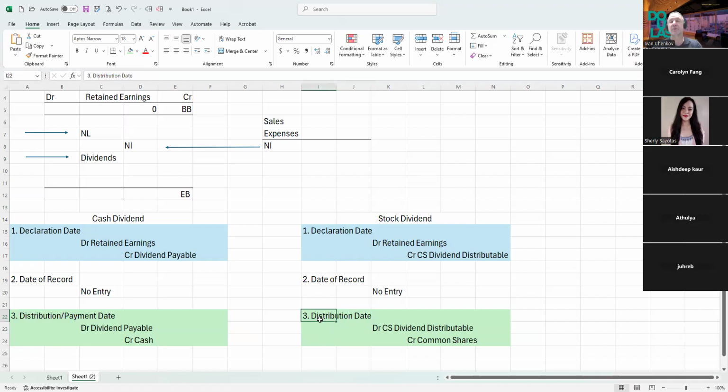Why? Because we're not paying common shares, we're distributing common shares. So on that day, the common shares number is going to increase, retained earnings is going to decrease.